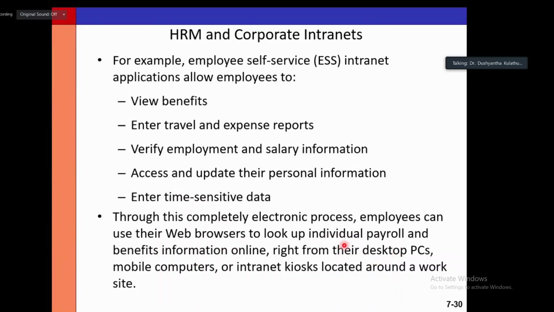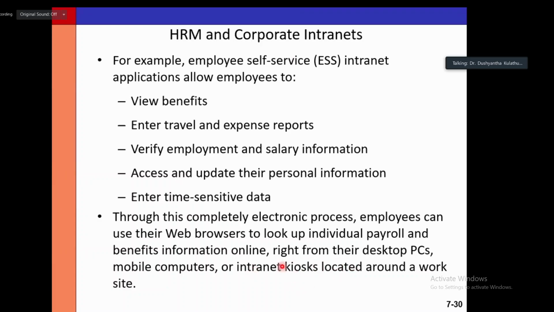They can get that information directly from the desktop PCs or mobile computers through which they are connected to the organization's network. And there can be certain kiosks placed within certain places within the organization, allowing the employees to access certain services. They can use those kiosks.